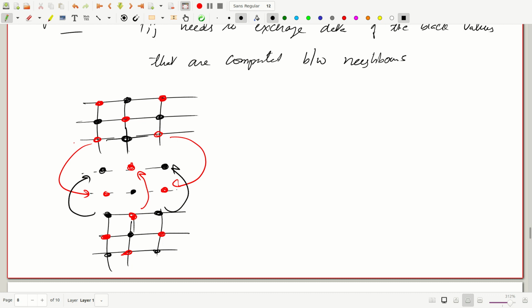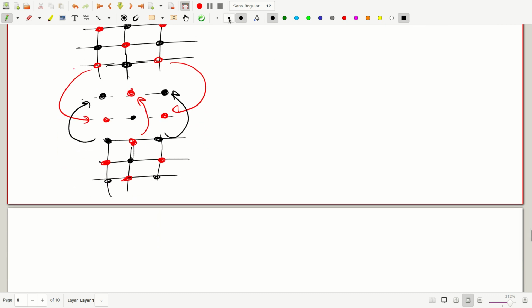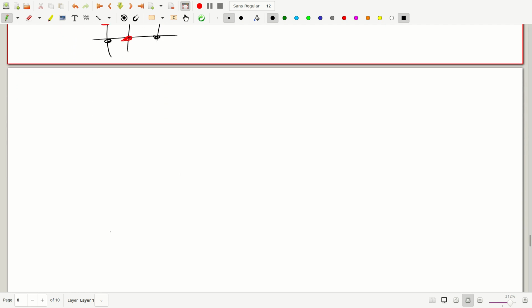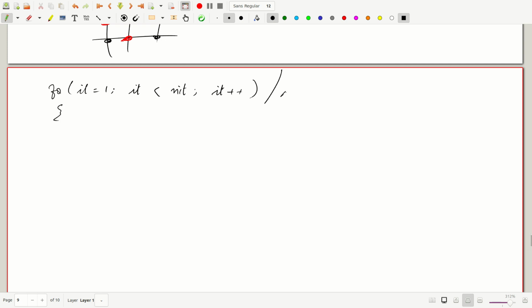Okay, so if I write a little bit of pseudo code or algorithm here, then we have the main iteration loop, that is for iteration equals 1, iteration less than maximum number of iterations, iteration plus plus. Okay, or you could have a while loop while your tolerance is greater than epsilon. Then you basically have pass 1.